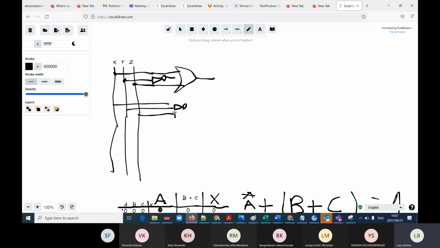And here as well, we're going to put the inverter. And then this one here. So here, our inputs into this OR gate that we're going to draw now will be X, Y naught, and Z naught. So they will go into a 3-input OR gate.